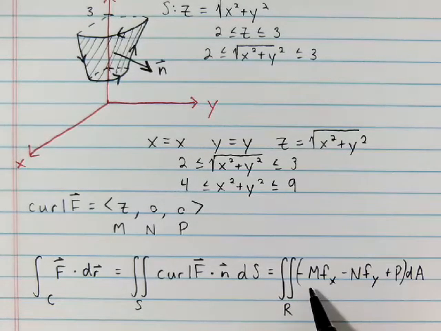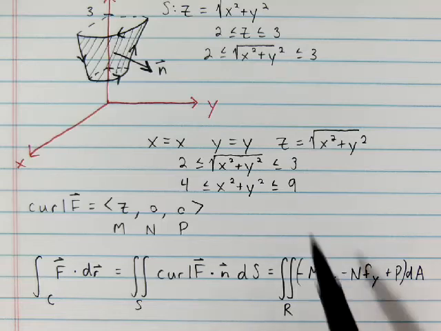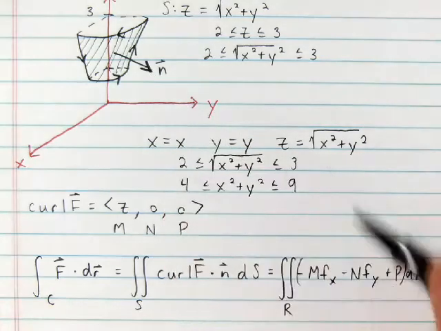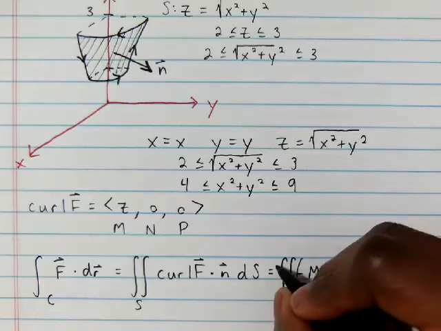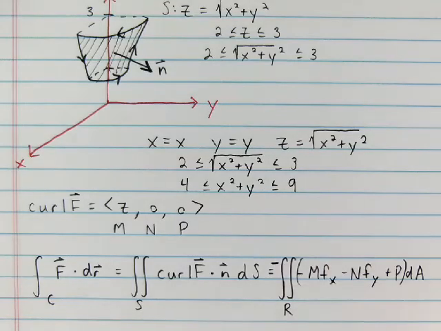Now remember, this formula has it written in that the normal vector in this formula points upward, but our normal vector points downward. So that means we need to put a negative sign in front of this. So that's actually what we should have there.